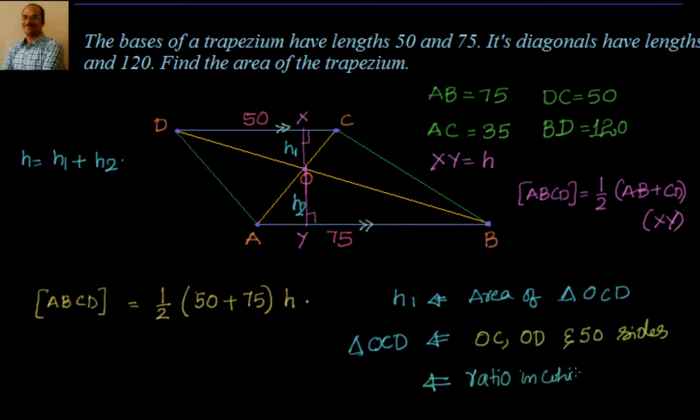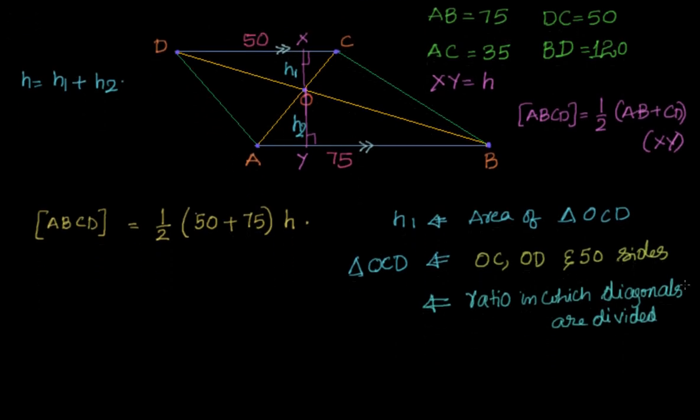To know that ratio, you should prove that they are similar triangles. That's how you can see where we started and where we have gone. To prove similar triangles, parallel lines will help us.